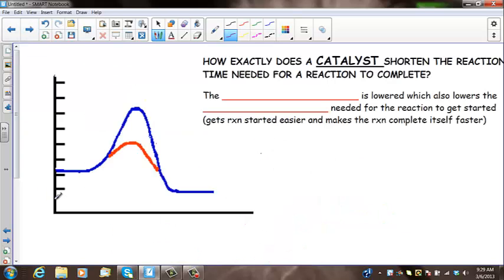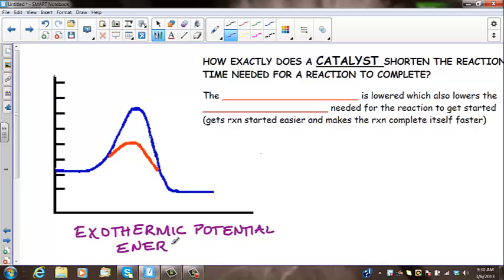Let's look at what we're talking about. This is an exothermic potential energy diagram. And I'll explain why. Here's typically where our reactants are. Here's typically where our products are.